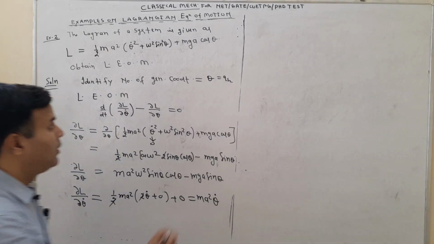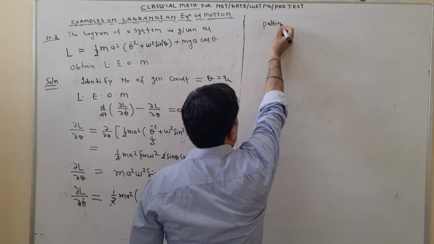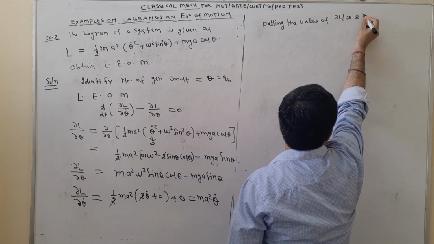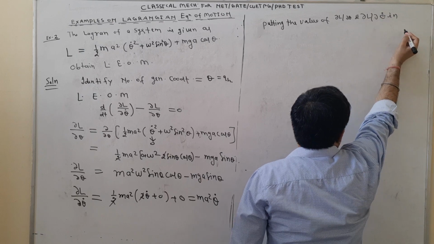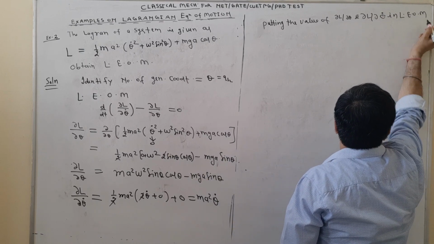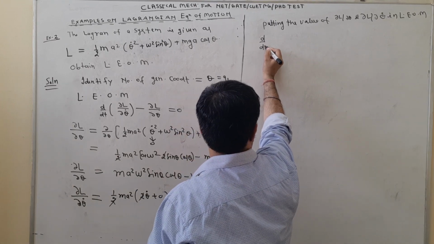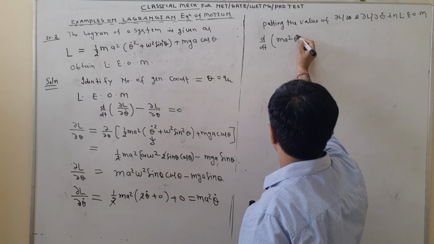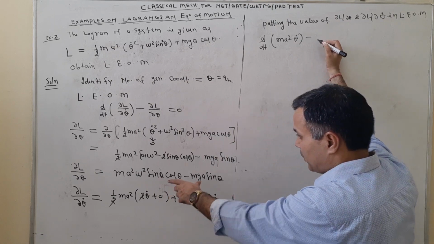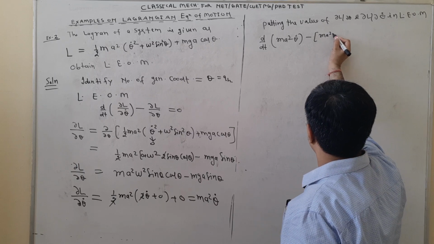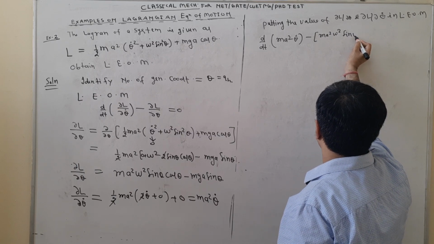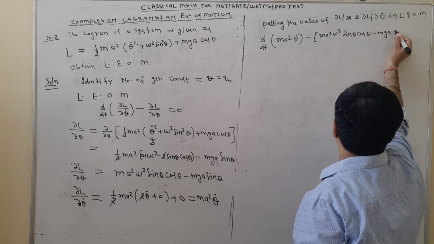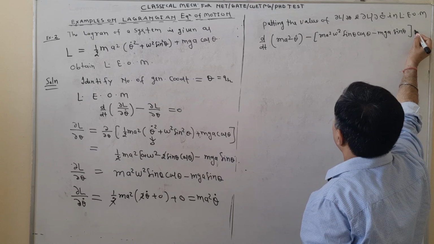Now putting the values of del L by del theta and del L by del theta dot in the Lagrangian equation of motion, d by dt of del L by del theta dot is simply ma square theta dot, minus this one, which is ma square omega square sin theta cos theta minus mga sin theta, equal to 0.